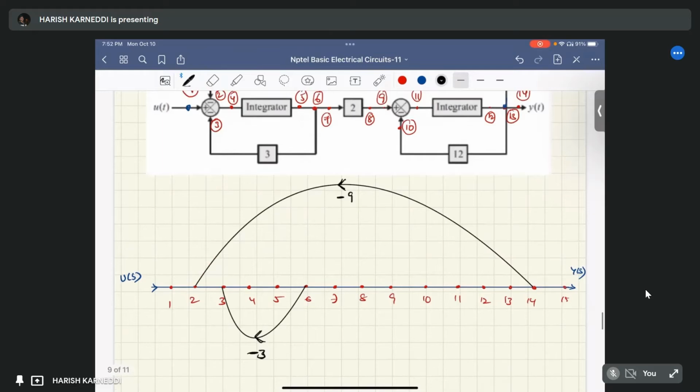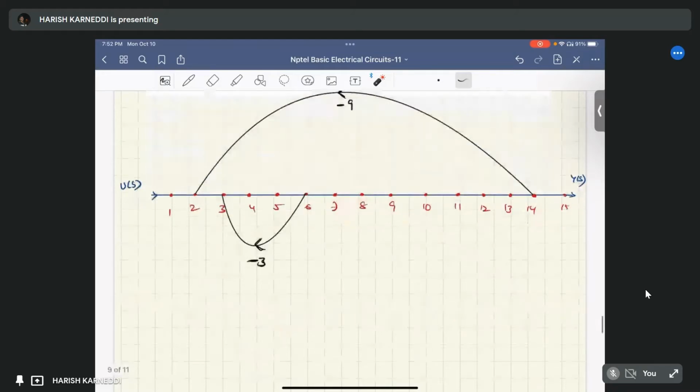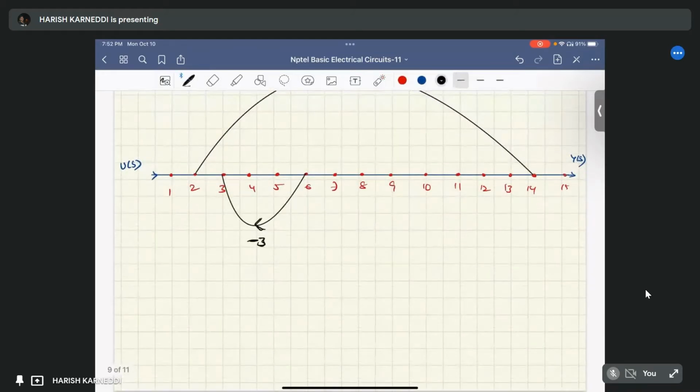Next, node 4 is here and node 5 is here. In between node 4 and 5, there is an integrator block.